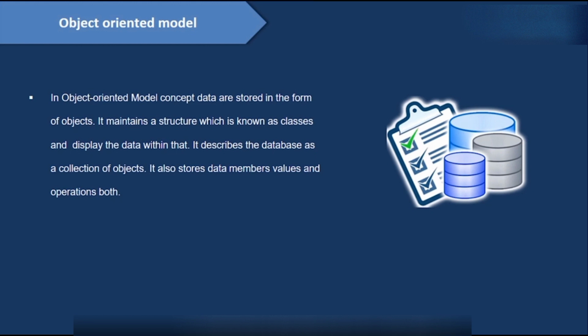It maintains a structure known as classes and holds the data within that, right? So I think you guys can see the similarity between the object-oriented language and the object-oriented model. It describes the database as a collection of objects, and it stores data members, values, and operations both. So this is how we have lots of options of database management systems, and you can store your data using any one of them.